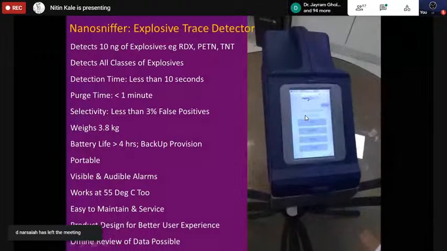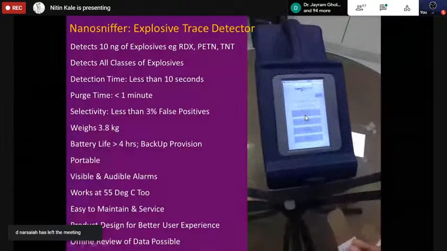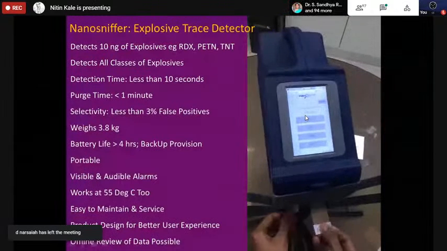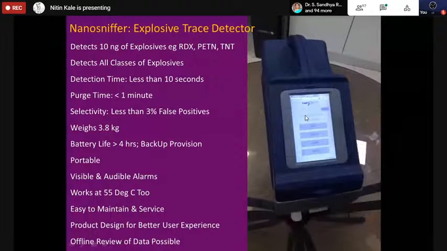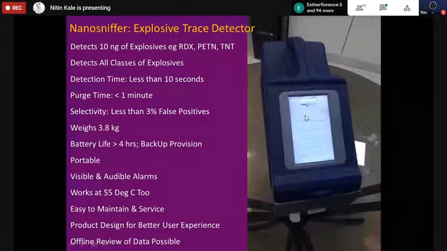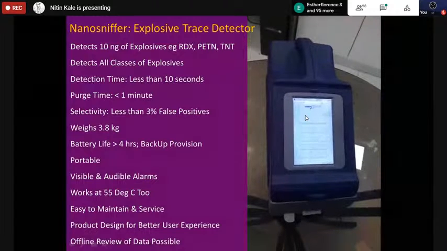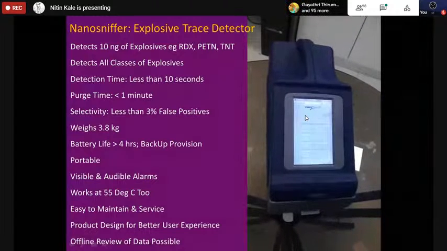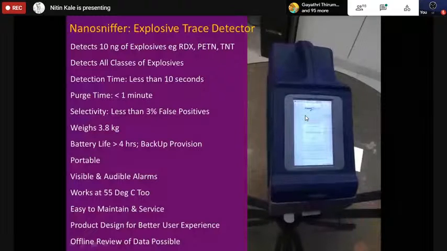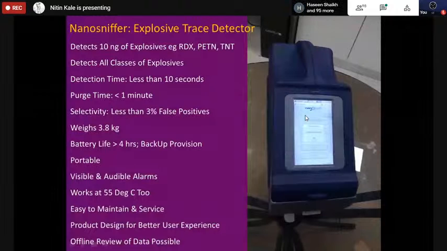put another swab which has 10 nanograms of RDX. You run it. A message will come here in red color saying traces detected, and you will also hear a beep. You heard the beep, right? So this is the message in red as well.